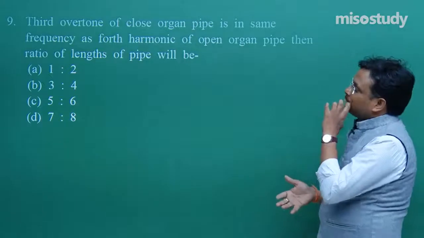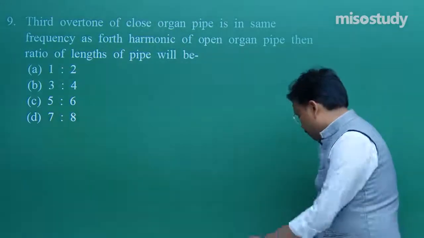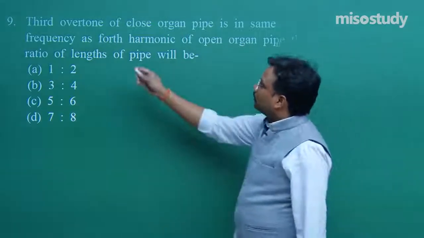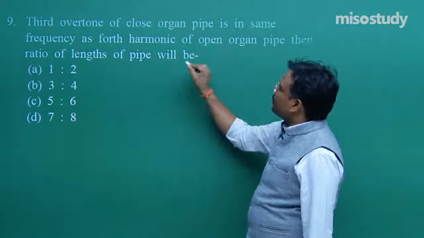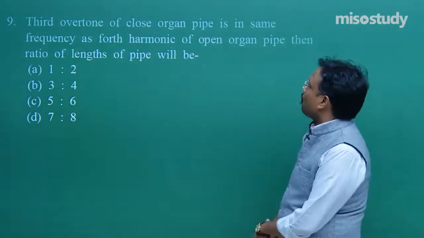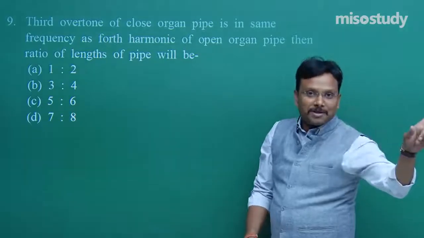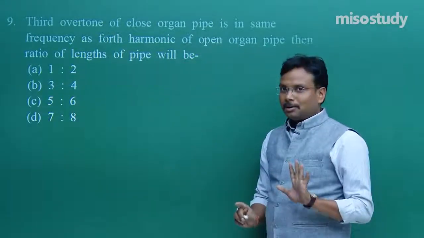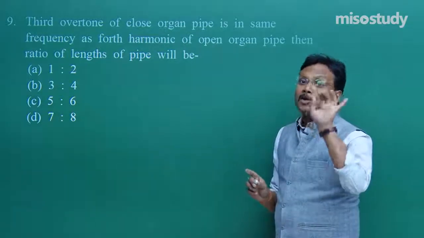Third overtone of a closed organ pipe is in the same frequency as the fourth harmonic of an open organ pipe. The question may be repetitive. It is just for you.